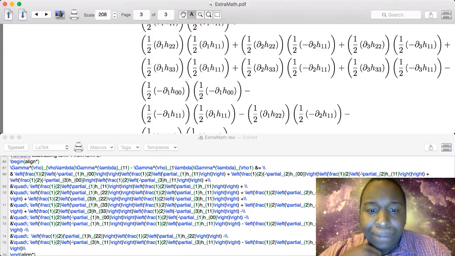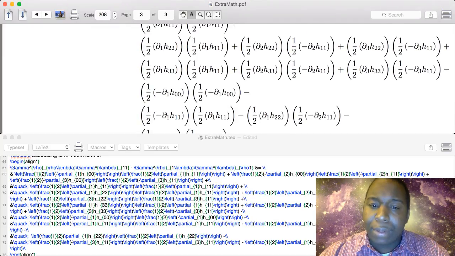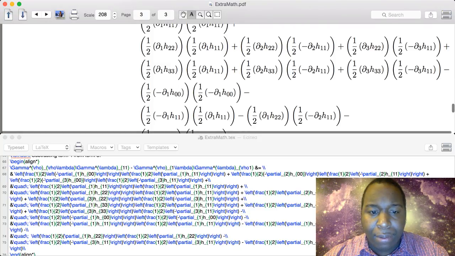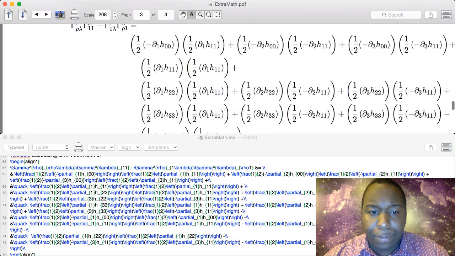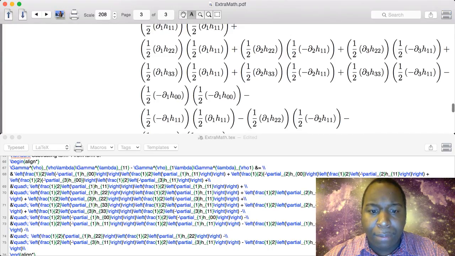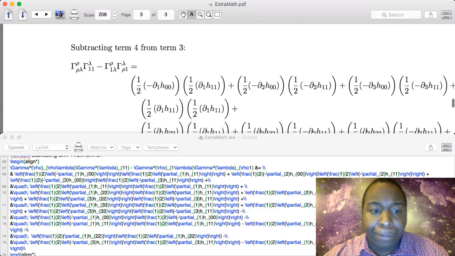They wouldn't cancel, which is kind of weird to me because I was expecting things to cancel out. This could definitely be one of those situations where I've messed up a sign or something like that. Let me go ahead and verify it really quick.